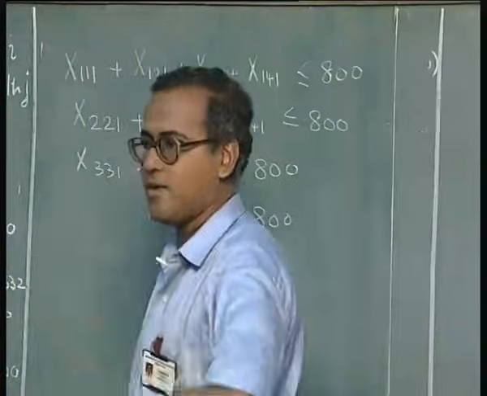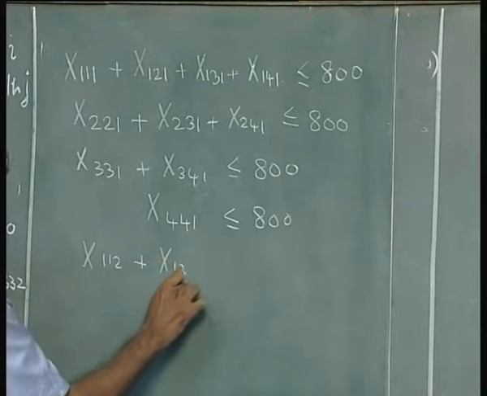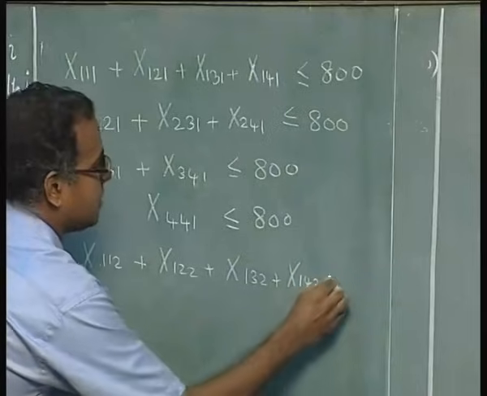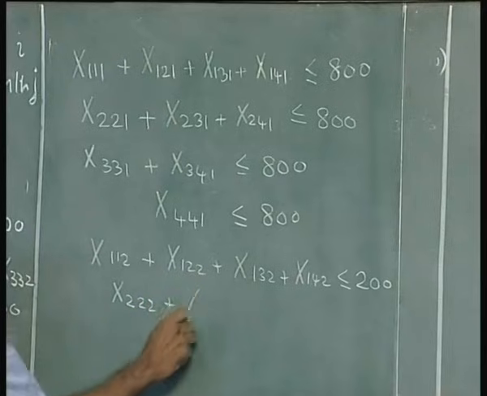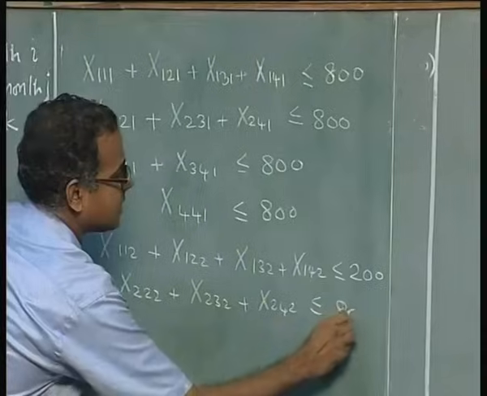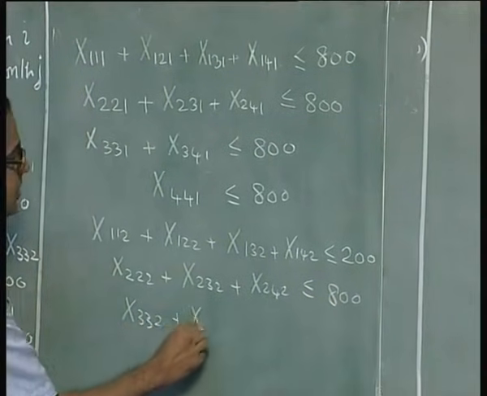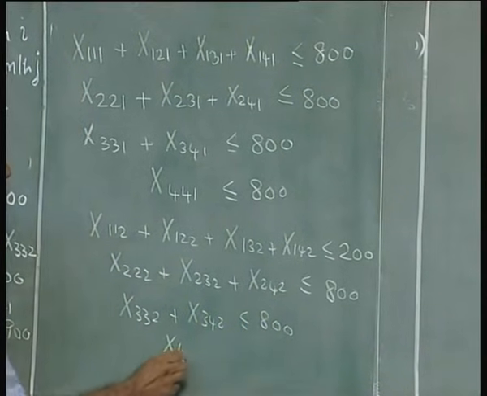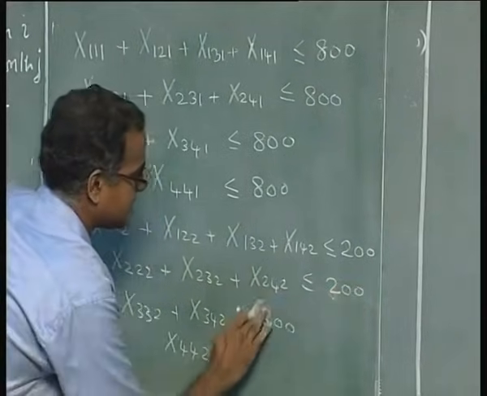So, the first month's overtime will now look like this: x112 plus x122 plus x132 plus x142 is less than or equal to 200, x222 plus x232 plus x242 is less than or equal to 800, x332 plus x342 is less than or equal to 800, and x442 is also 200, because 200 is the capacity that we have.